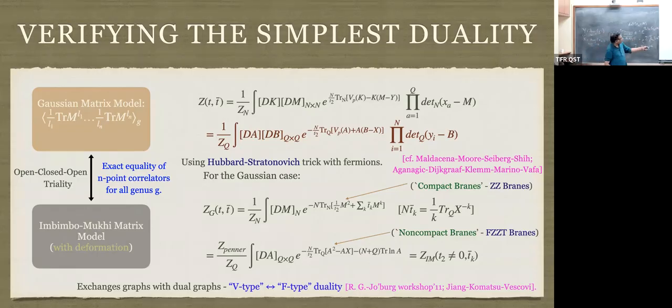Okay, so in the Gaussian case, let's say I set y equal to 0. x and y are arbitrary, I set y equal to 0 here. So the source goes away. Then you see this side just becomes the Gaussian generating function of the Gaussian integrals, right? X is out.